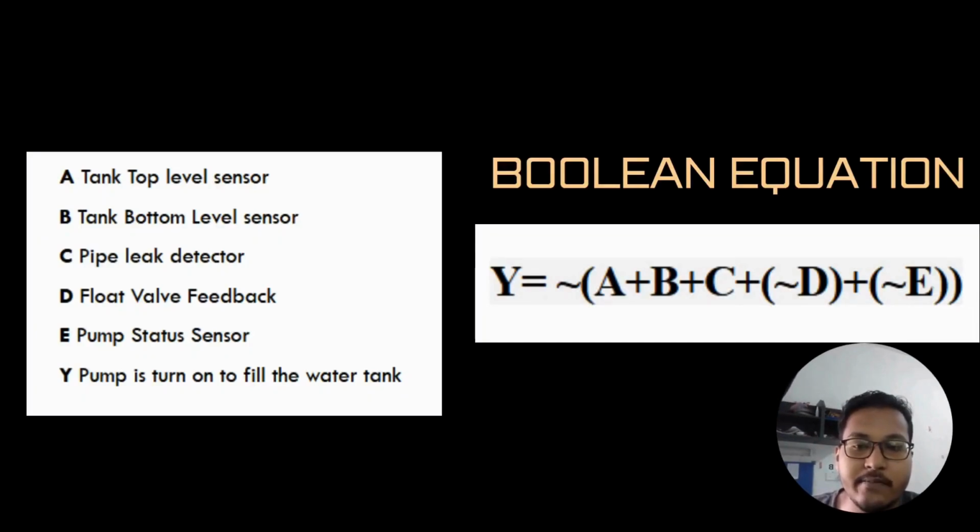This is our input and output for this project. We have 5 inputs and 1 output. The 5 inputs: A represents the top level sensor, B is the bottom level sensor, C is the pipe leak detector, D is the float valve feedback sensor, and E is the pump status sensor.